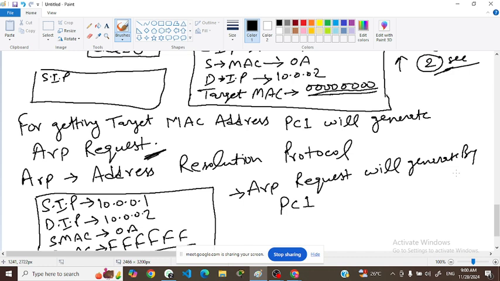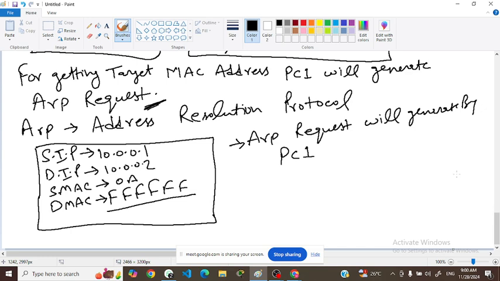Is it clear, Abdul? Can we do the practical when we get a chance on this one? Surely I will show you. I want to increase the duration of this class today, maybe by 15 to 20 minutes. So that is why here I want a break, and I want to continue the class after the break.